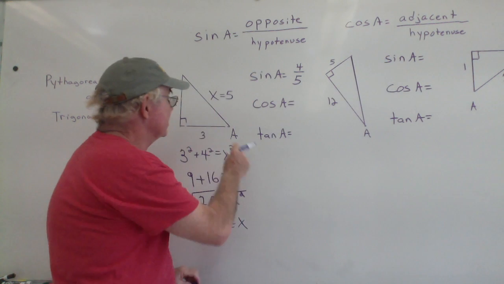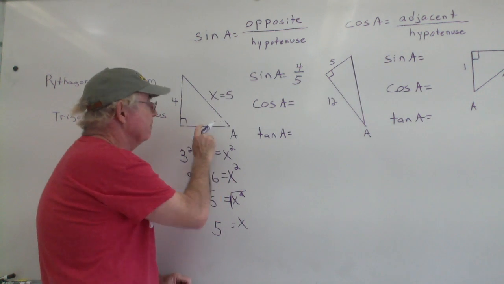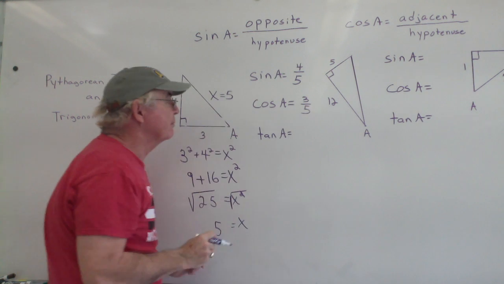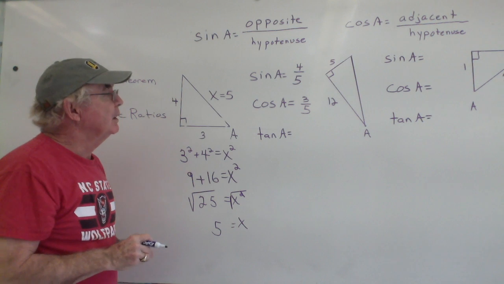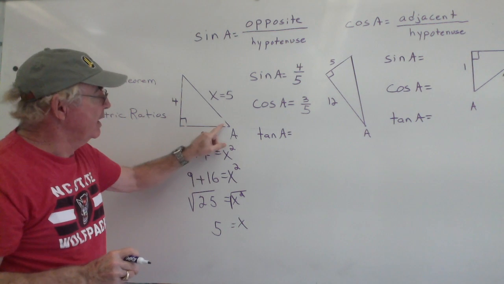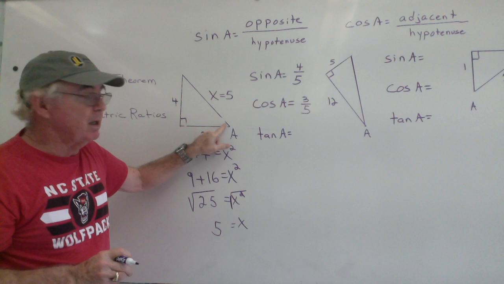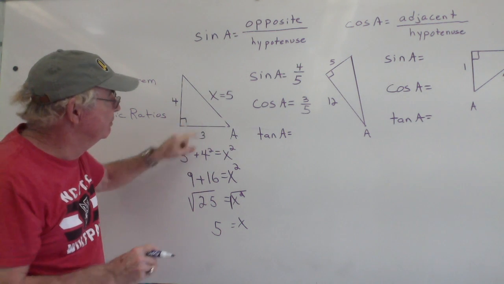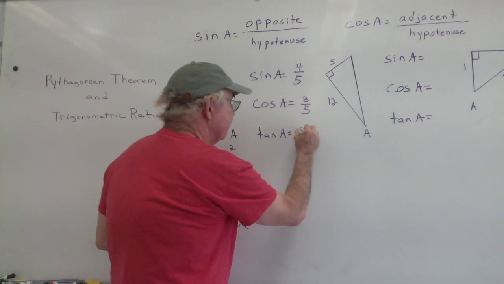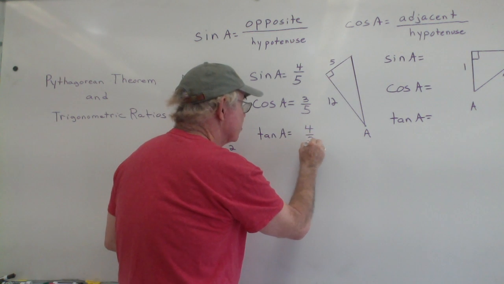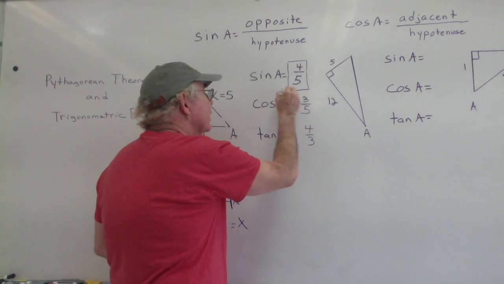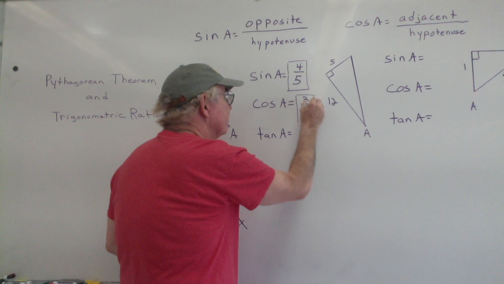So the adjacent side to A is 3, and the hypotenuse is 5. Now the tangent of A is defined to be the opposite over the adjacent. So that would be 4 over 3. And there are 3 answers for the trigonometric ratios.